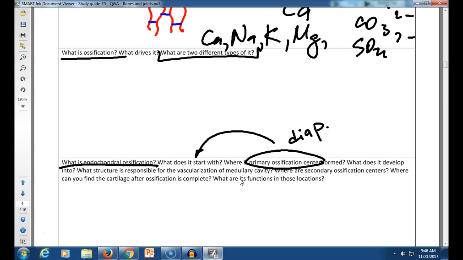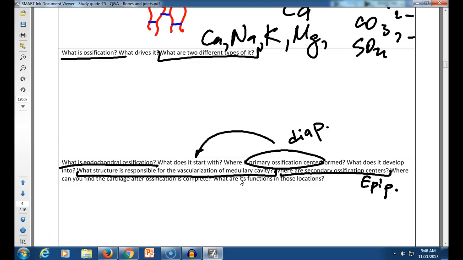Then the periosteal bud penetrates the bone collar and leads to the vascularization of the medullary cavity. Is everyone comfortable with the word vascularization? Blood vessels develop. Secondary ossification centers are in the epiphysis.